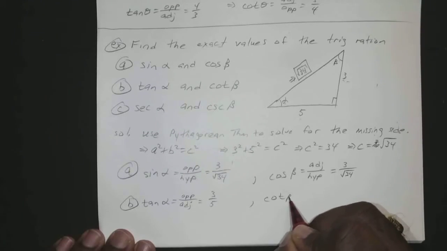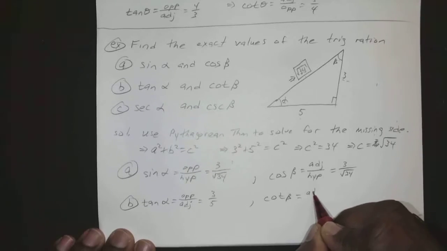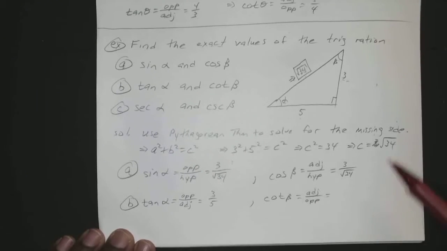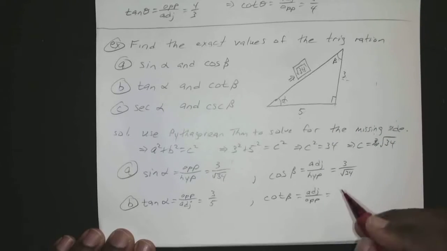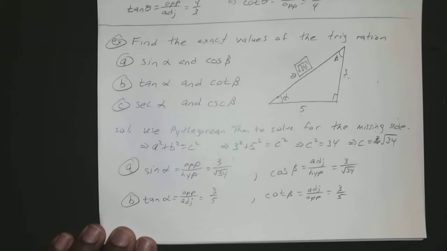And cotangent of beta, which is just the tangent reciprocal, is adjacent over opposite. So for beta, you have adjacent over opposite, which is 3 over 5. So you kind of see how they relate to each other once you change angles.